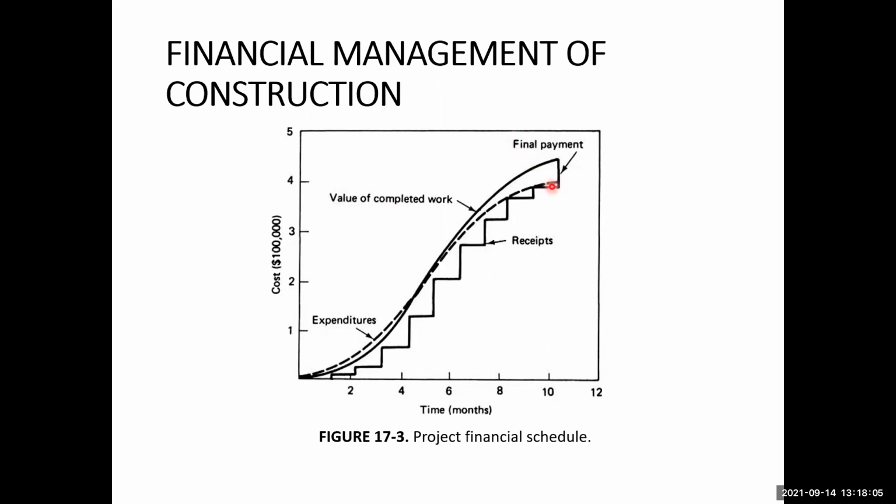In the case of the final payment, when the work has been completed, the final payment is the big one, and suddenly the contractor gets back all this amount at the end of the contract. But during the project, the payments to the contractor are always lagging behind the work which they have done.